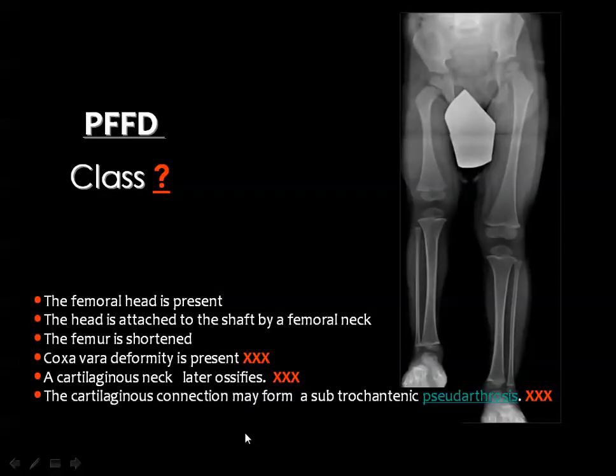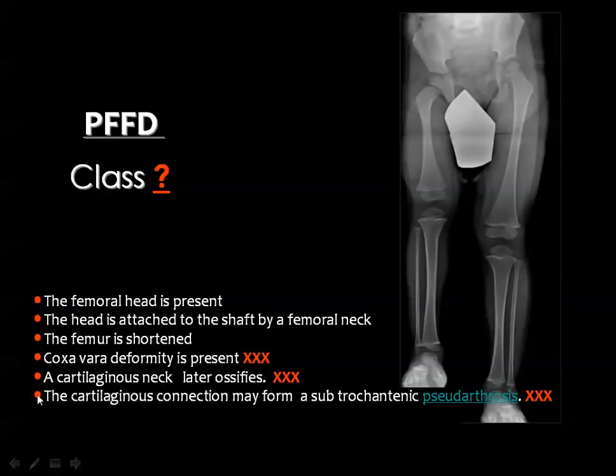Then if you want to classify this appearance, you can go this way. Is the femoral head present? Yes. And the head is attached to the shaft by the neck? Yes. And the femur is shortened? Okay. Then is there any coxa vara deformity? No. Is there a cartilaginous neck which will articulate with the shaft?